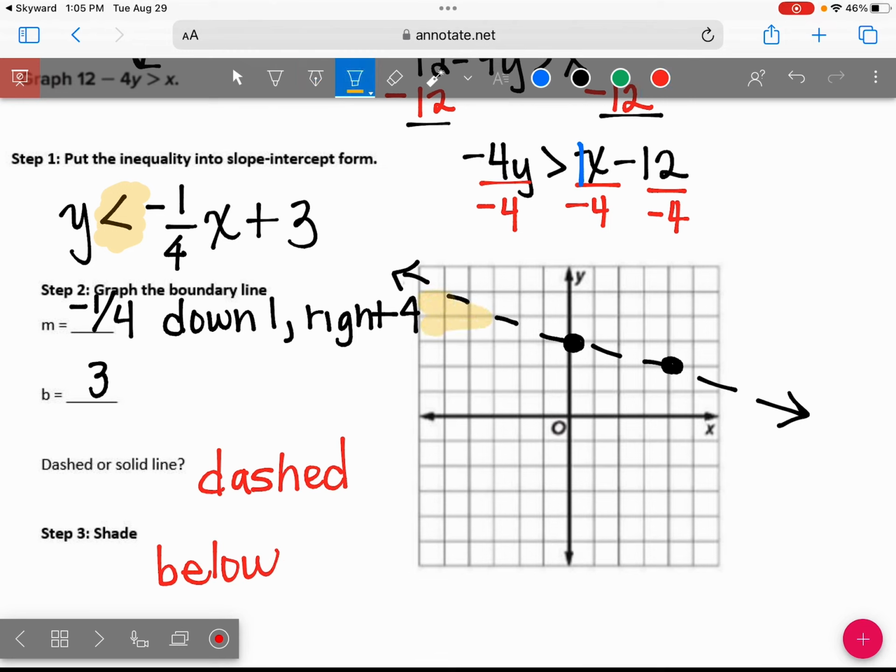So that would be all of this area underneath the line. For inequality, you have to shade. And that would be your graph. So for question number 4 on homework 4, that one has inequalities, so you have to shade.